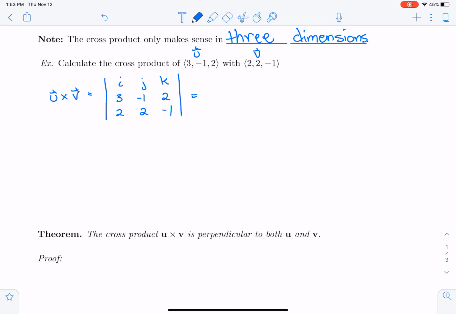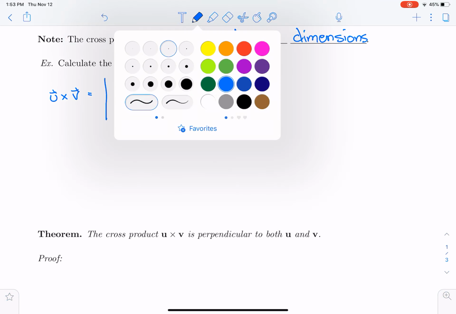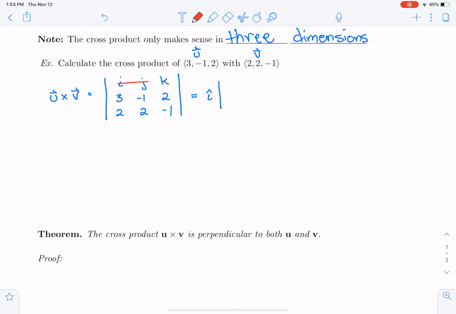So when I take the determinant of that matrix, I'm going to get i times, notice that I'm going to cancel out the row and the column there, and so I'm left with -1, 2, 2, -1.